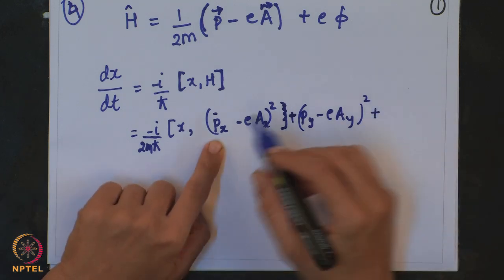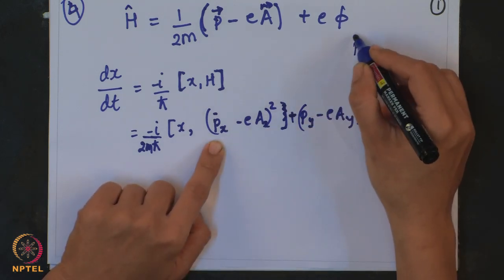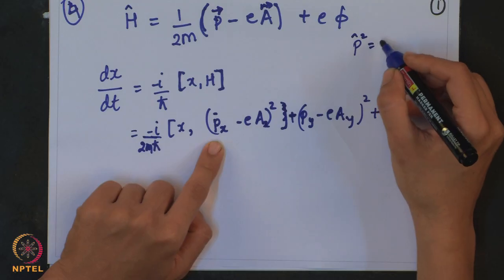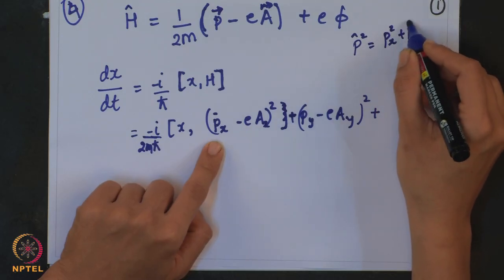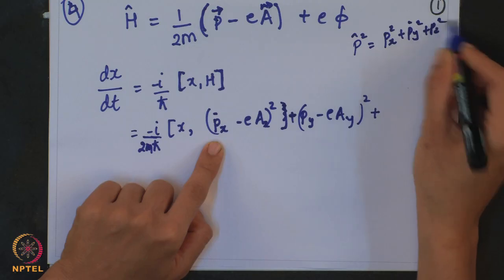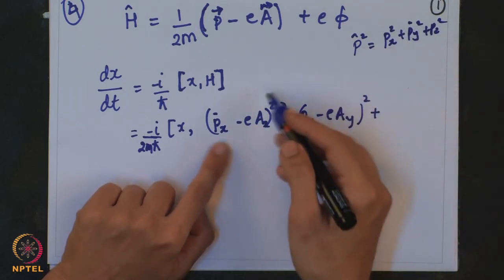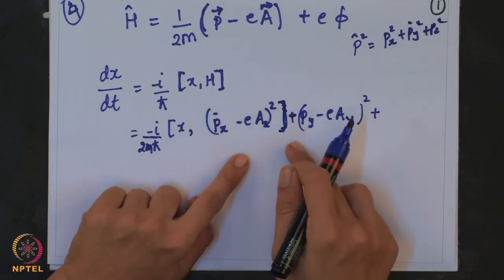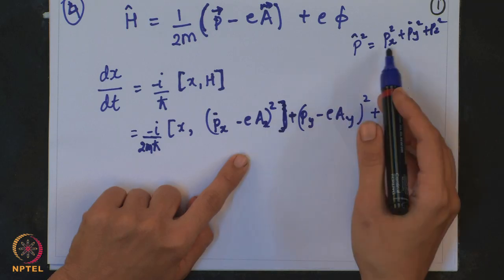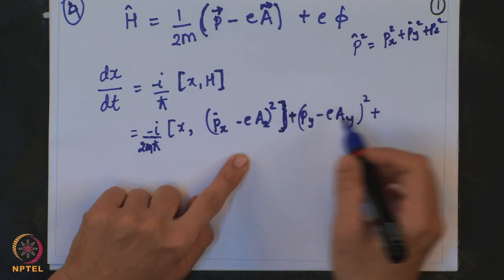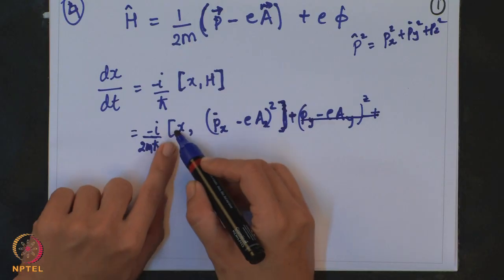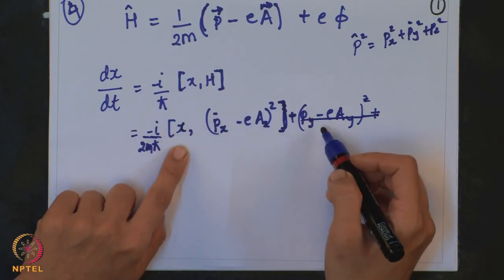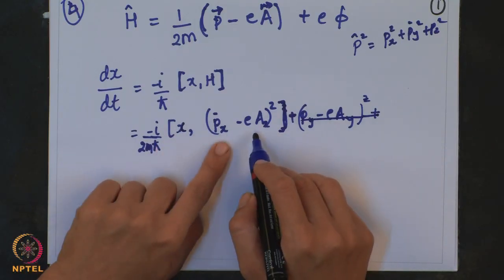The same way we write the operator p square as px square plus py square plus pz square. Only the px term will contribute and give a non-zero result.